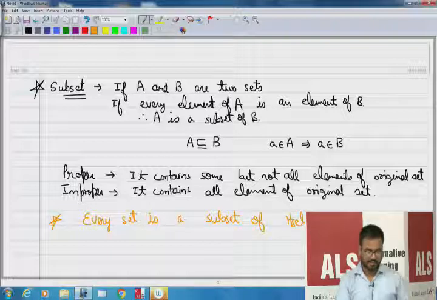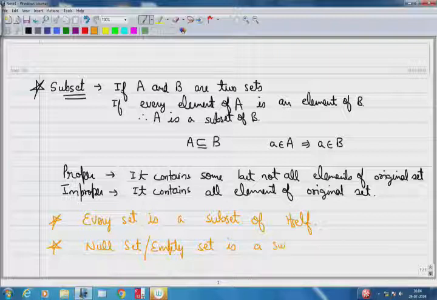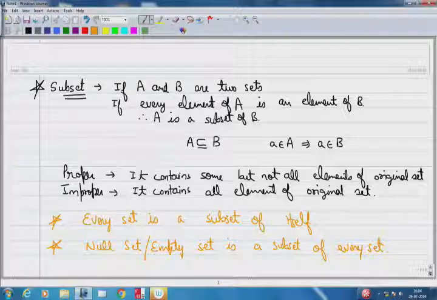And the second point, the null set or empty set is a subset of every set. The empty set, the void set, the null set, is a subset of every set, and every set is a subset of itself. These are the two main points.